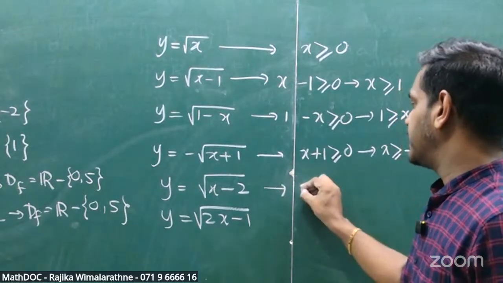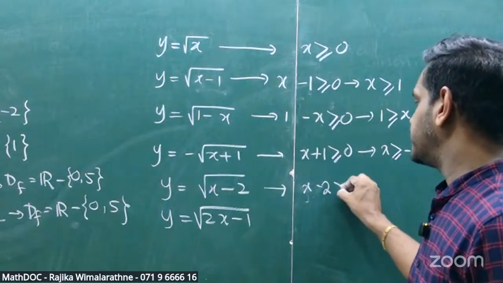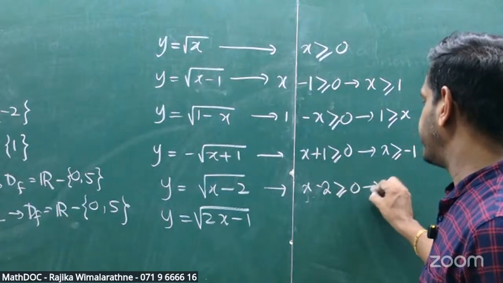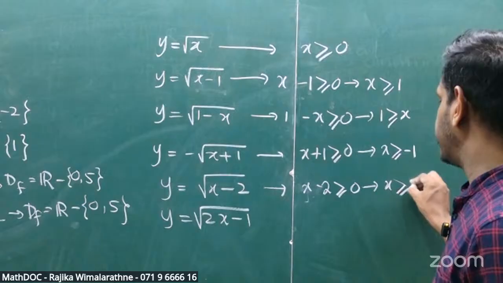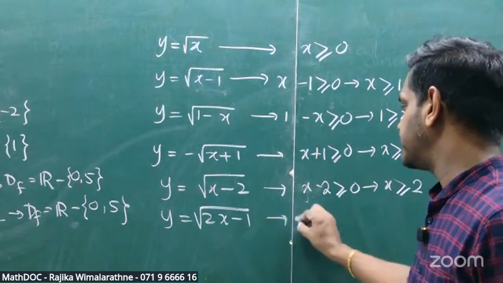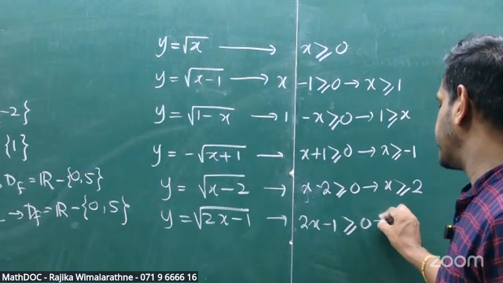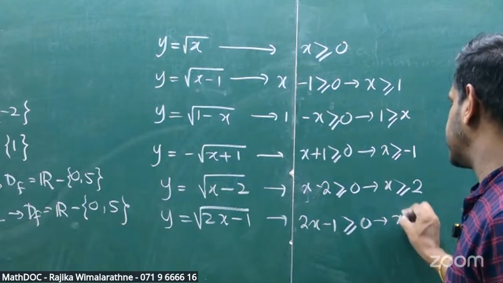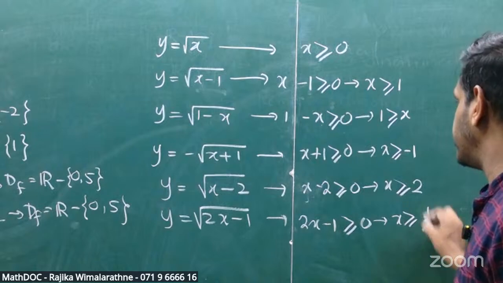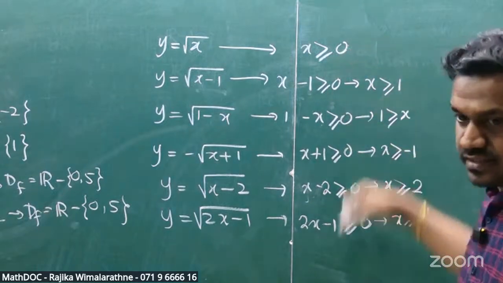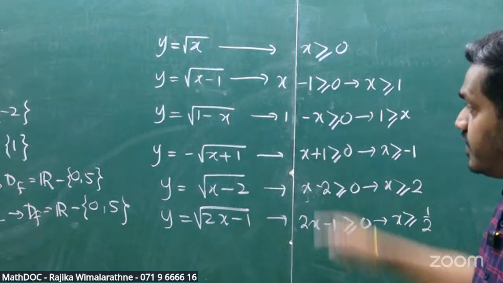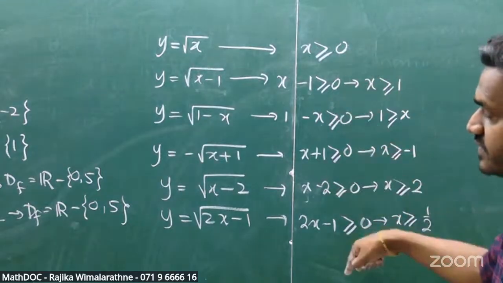Here x minus 2 greater than or equal to 0, so x is greater than or equal to 2. And here 2x minus 1 greater than or equal to 0, so x is greater than or equal to half. These are the domains. Okay, write those examples.